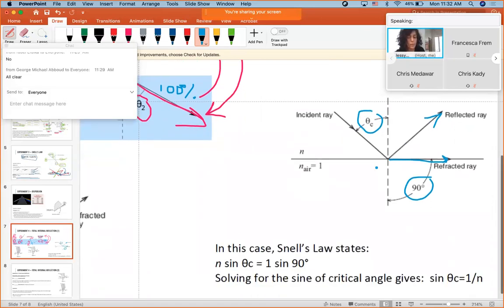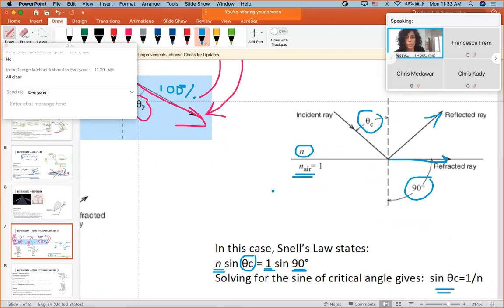If you use Snell's law, N1 sine theta 1 is equal to N2 sine theta 2. Theta 2 is 90. And N2 is 1 because we're talking about air, that's medium 2. N1 is not known, or probably yes, it is known if we're talking about water. Theta critical is the angle of incidence, and you use this equation to find theta critical.